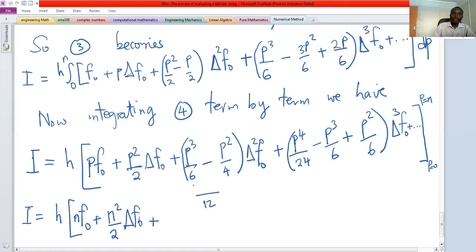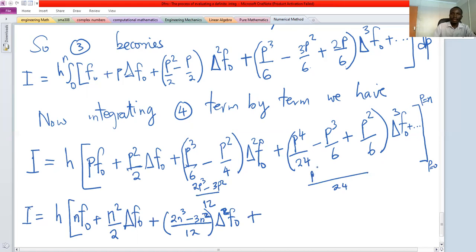So 6 into 12, 2, so 2p cubed minus 4, this is 3p squared. So I'll have 2n cubed minus 3n squared divided by 12, and then second forward of f naught, plus, now here LCM is 24.